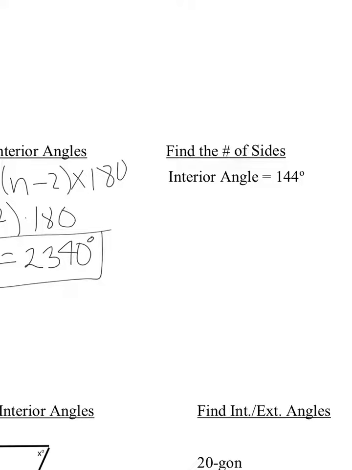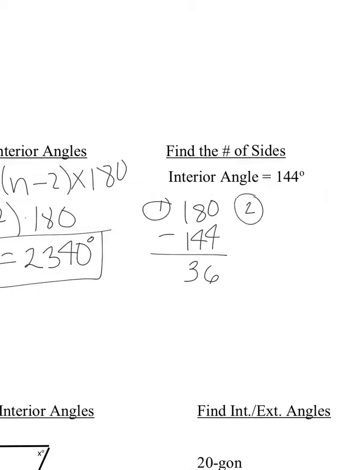If you were given an interior angle measurement and you were asked to find the number of sides, what would you do? Two steps. This is what we took notes on Monday, I believe. Not exactly the same steps, no. First step is 180 minus the angle you're given.